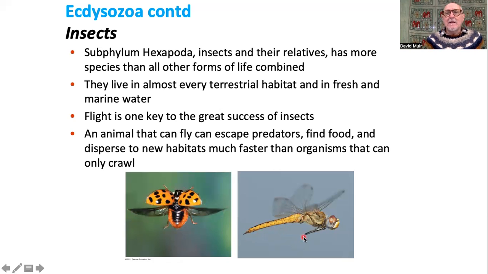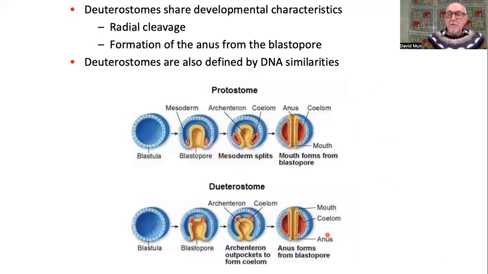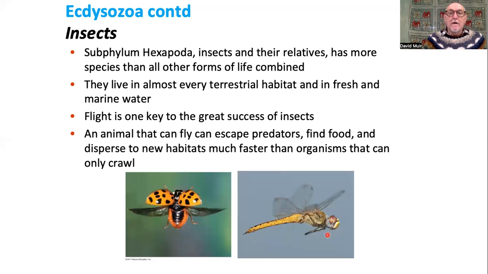But in many of the insects, the wings are permanent, permanently unfurled, not like the coleoptera. So this, by the way, is a dragonfly, one of the most important predatory insects.